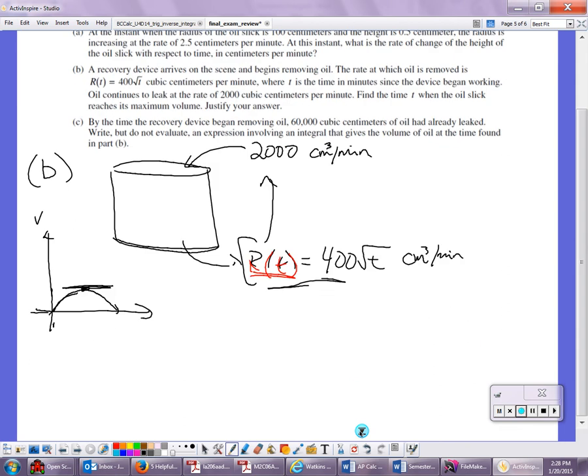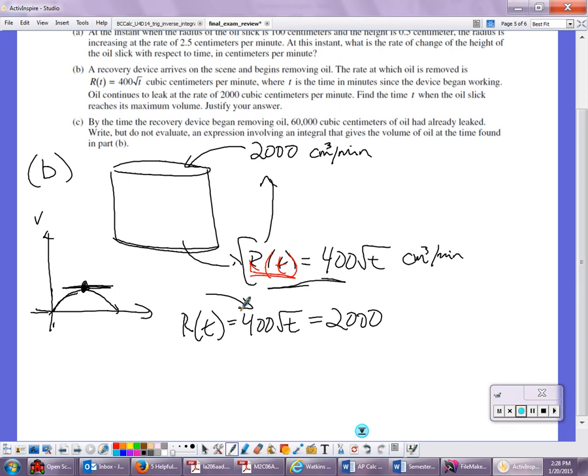So what we're looking for, this break-even point where we've maxed out the amount of oil, is when R of T, which we said is 400 times the square root of T, is equal to 2,000. When they're equal, any time after that, R of T is going to be bigger than 2,000, right?